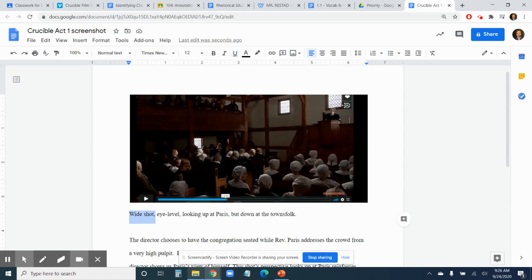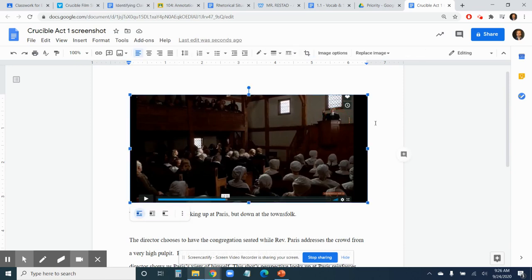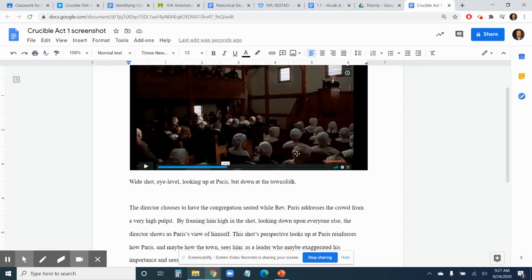I already know something about Reverend Paris after watching the first act: he definitely wants to be the guy in charge, right? His authority is unquestioned, and he wants everyone to take his word as the end all be all. He's the reverend, he's the mayor, he's the dude. So I can see how this shot backs that up.